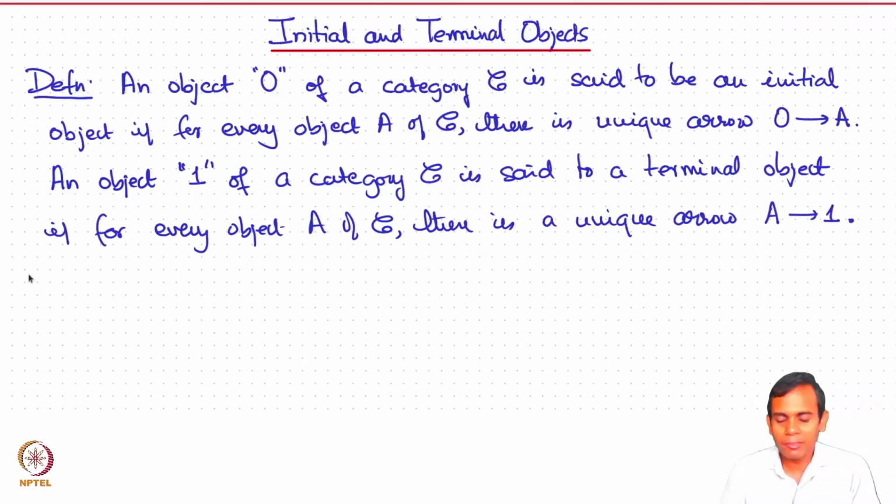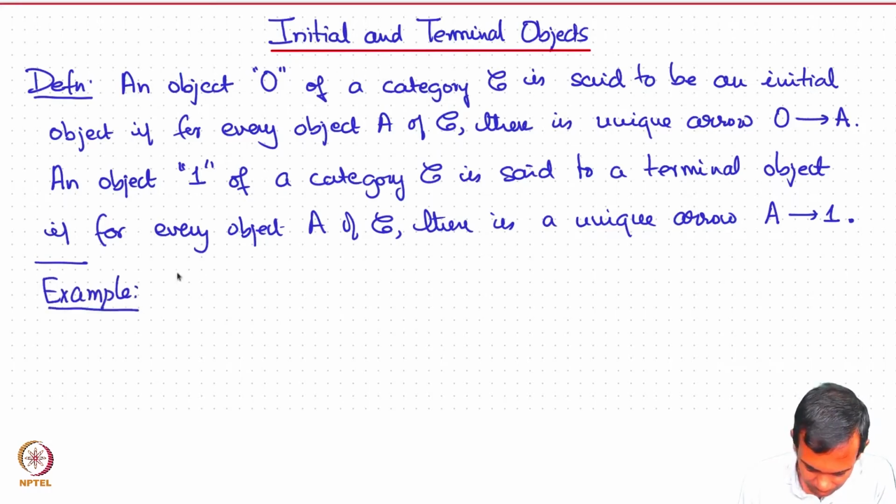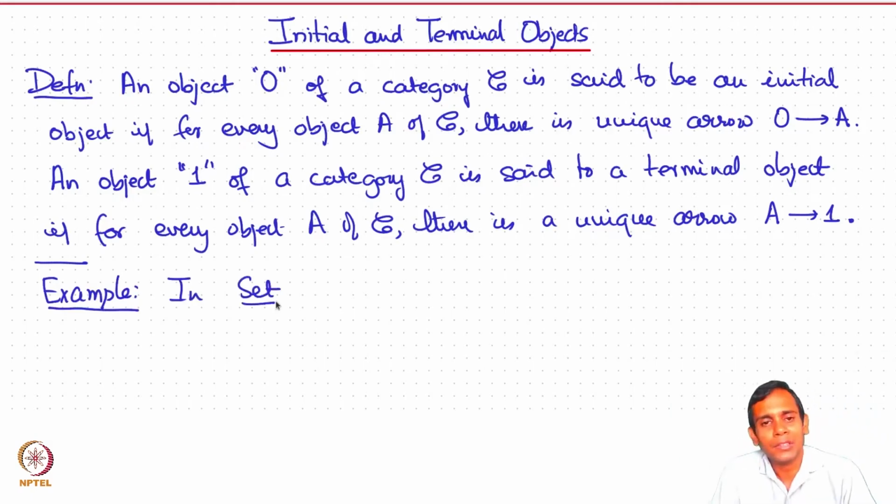Okay, so whenever we see a definition in category theory, it's good to ask, well, what does it mean for sets? So let's look at the category of sets. In the category Set, what is an initial object? So you're looking for a set such that given any set, there is a unique function from this initial set to any set.